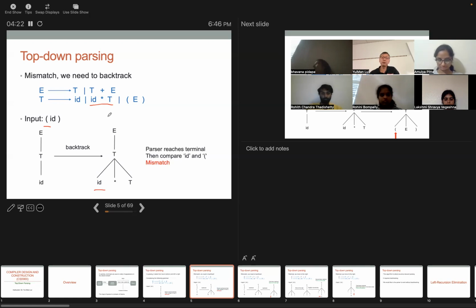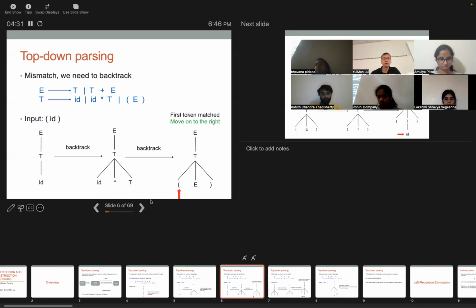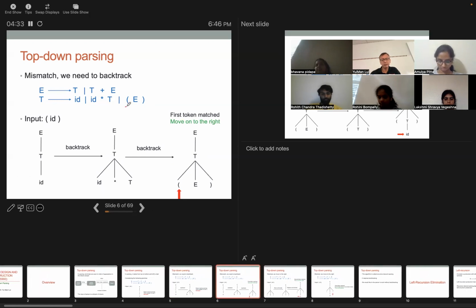So we backtrack and try the next one, which is left parenthesis E right parenthesis. The left parenthesis is a terminal, so we do a match. This time it matches the first character of our input. So this one's a match.